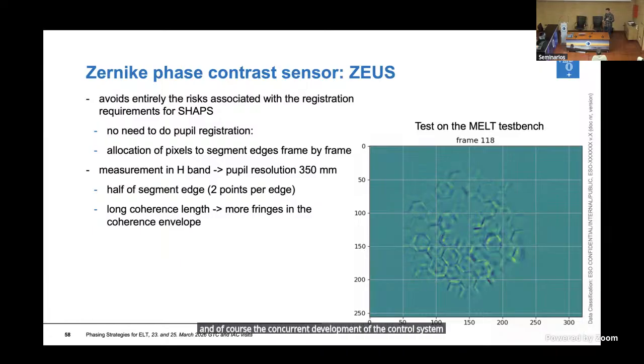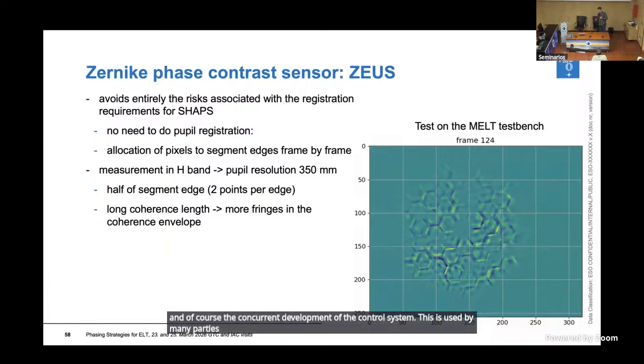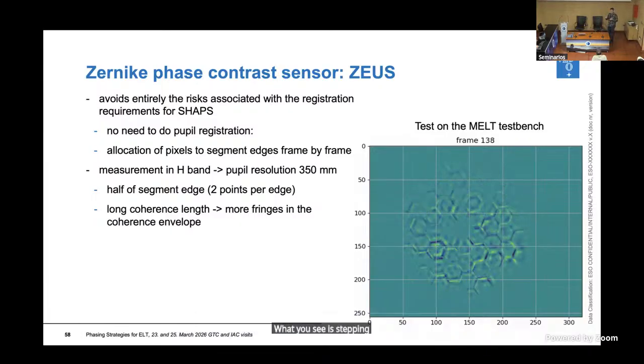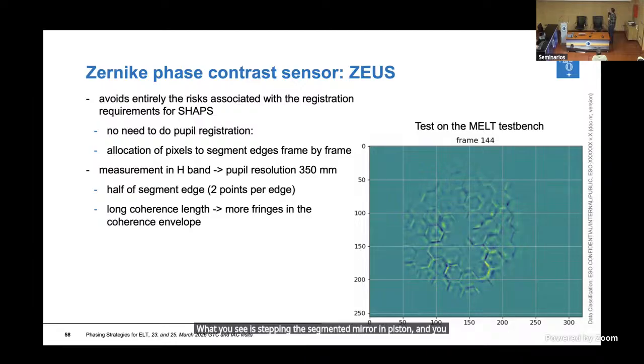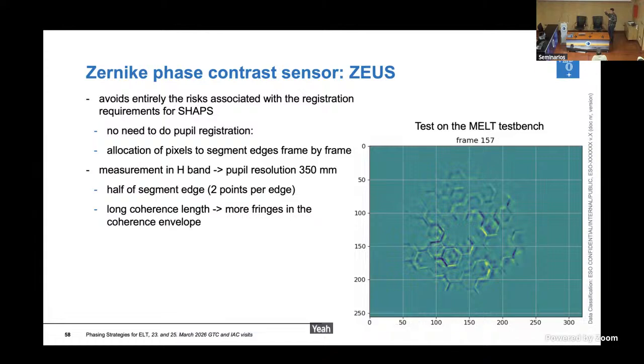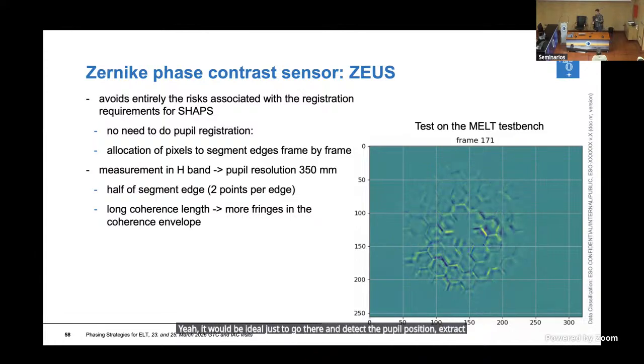So this is used by many parties, actually more than 2. What you see is stepping the segmented mirror in piston, and you see a nice SUS response. Yeah, and it would be ideal just to go there and detect the pupil position, extract the signal, and you're ready to go.